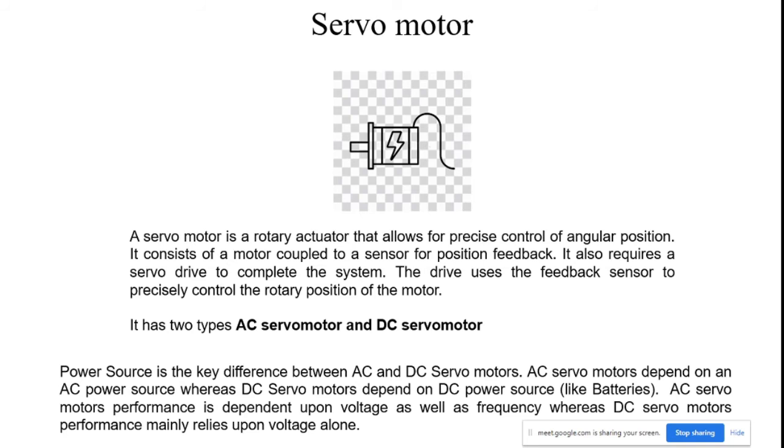It also requires a servo drive to complete the system. The drive uses the feedback sensor to precisely control the rotary position of the motor. A servo motor also has two types, which are the AC servo motor and the DC servo motor.